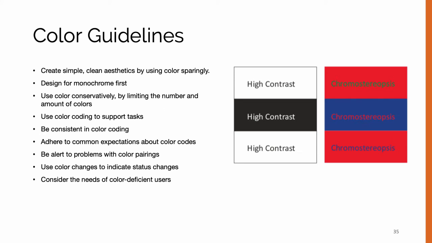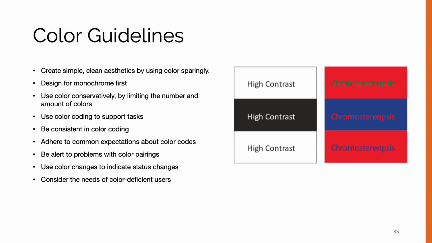So here's a couple guidelines for color. As I've mentioned before, I typically design screens using those components that I talked about a little while ago, the grid and so on, and think about white space and gutter and columns before I ever start entertaining the notions of color. That enables me to create simple and clean aesthetics.